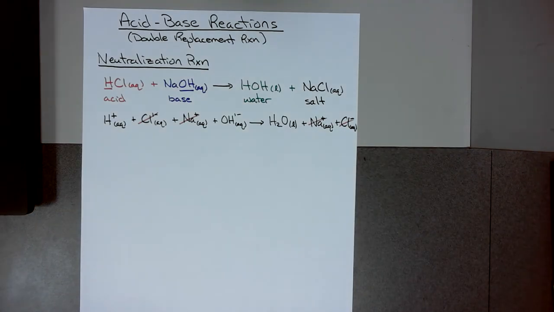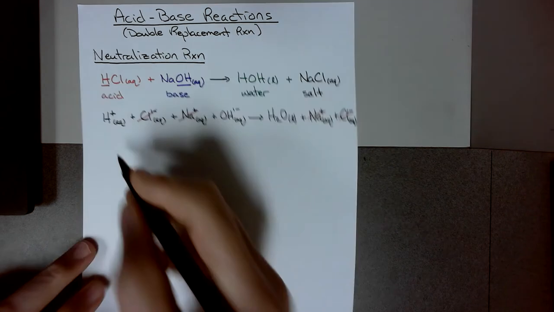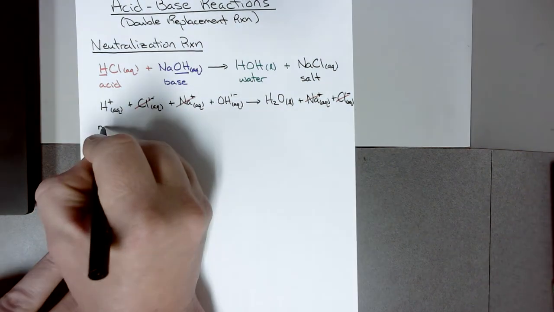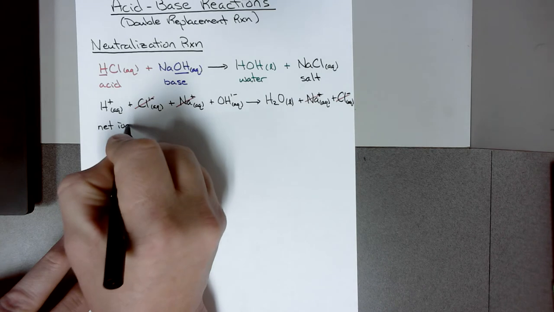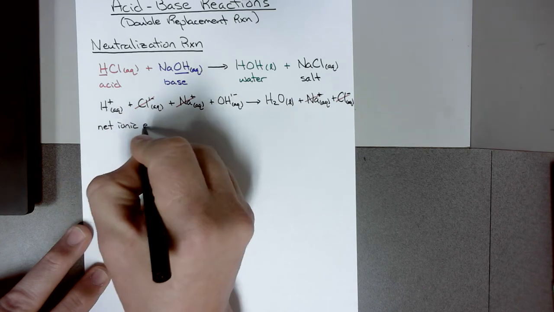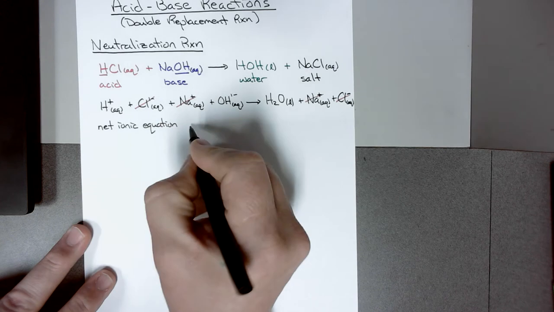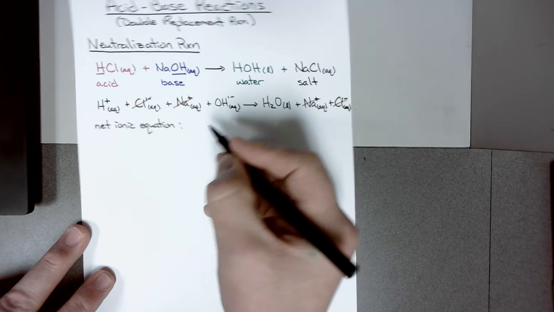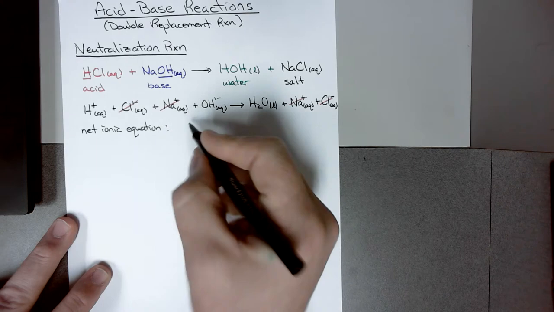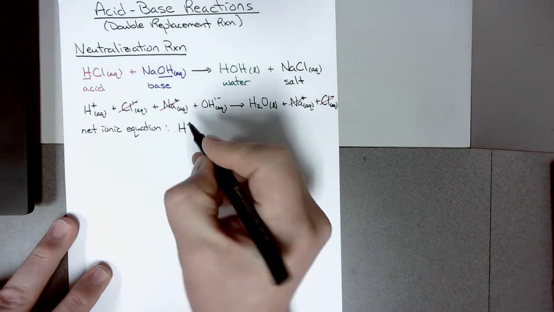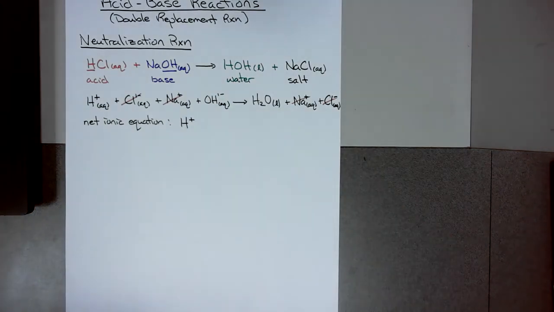And the net ionic, so my net ionic equation, which is really what's happening, is the H plus. So we have H plus. I should have used, let me try to put the color here.